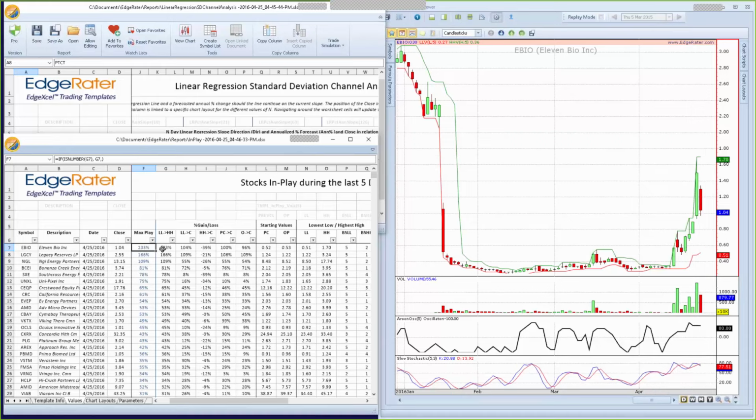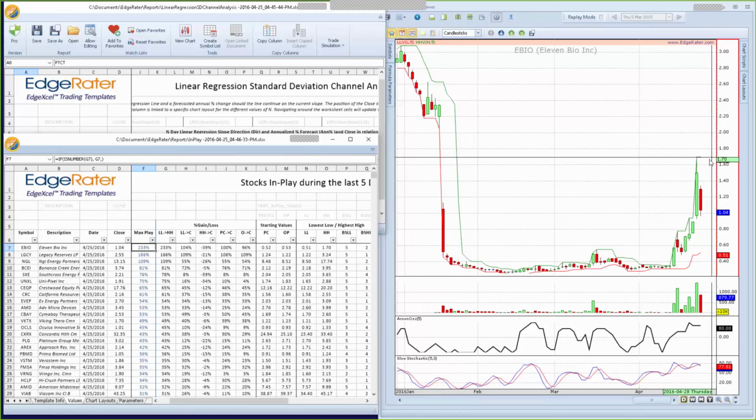But other columns in here can give you more of a clue as to what has actually happened. You've got things like the open to close, which is the 5 days ago open price to current day's close. You've also got the previous day's close to current day's close. And you've also got the highest high to close.